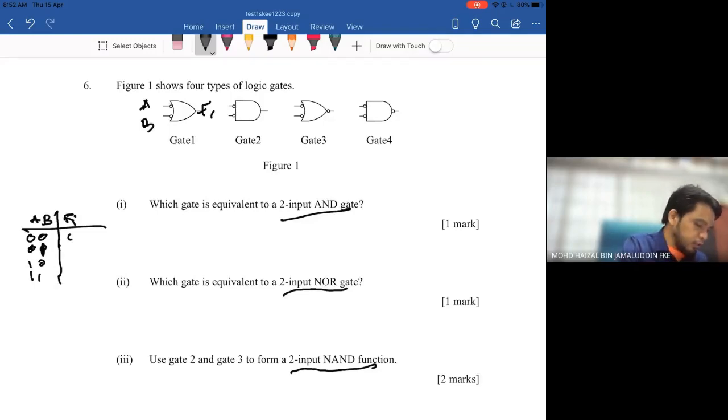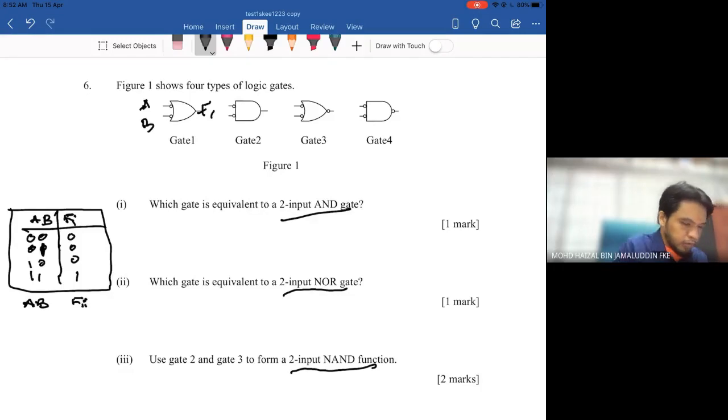So 0, 0 is 0, 0, 1 is 0, 1, 0 is 0, this is 1. Okay, so that's for the first truth table. And then the second truth table is F2. Okay, it is a NOR gate. So you just put all the possibilities.